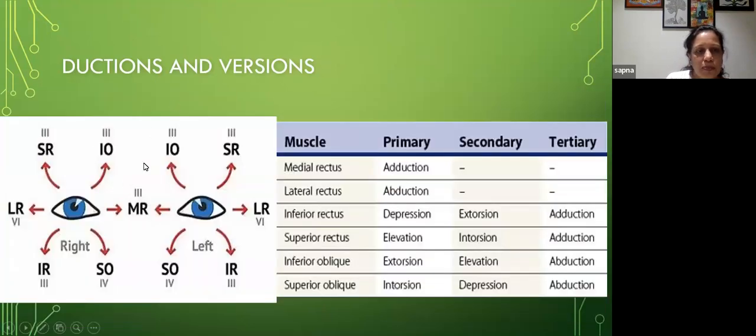See, if you go to this picture, that forms an O. You only have to remember that of the center ones, the upper one goes to the inferior and the lower one goes to the superior. The rest you will automatically remember. So these are the primary actions. I just want to know whether everyone is aware of the actions of the extraocular muscles, because many things depend only on this.